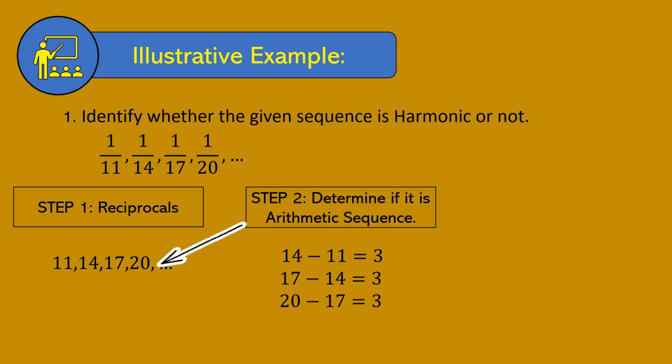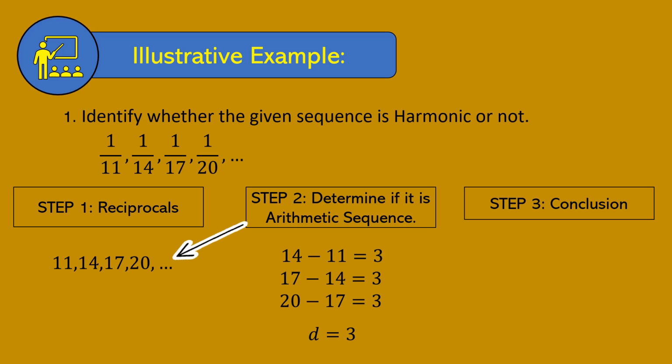Now, you have noticed here that all the differences are common, the same, which is 3. So what can you say about the sequence 11, 14, 17, and 20? Therefore, that sequence 11, 14, 17, 20 is an arithmetic sequence with a common difference of 3.